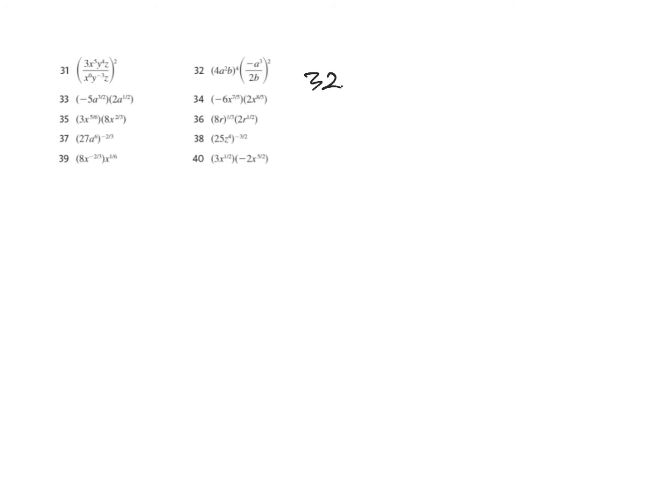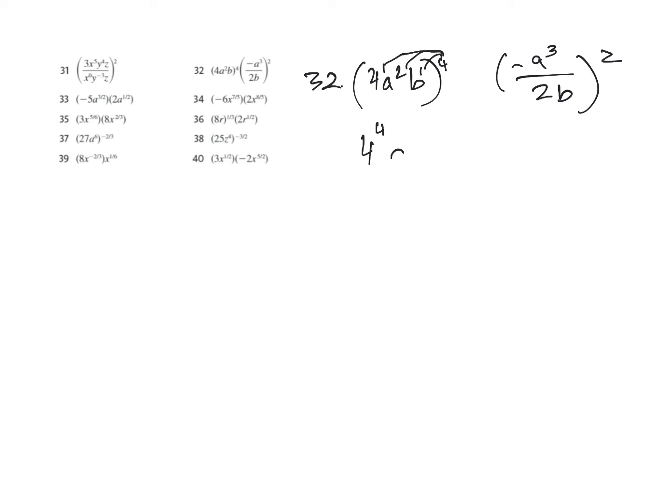So again, let's do one of these at a time. So 4a squared b, all of that raised to the 4th. And the other one is negative a cubed over 2b raised to the 2nd power. Alright, so distribute the 4 to each exponent. There's a 1 on the b, and there's a 1 on the 4. So 4 to the 4th, a to the 8th, and b to the 4th.